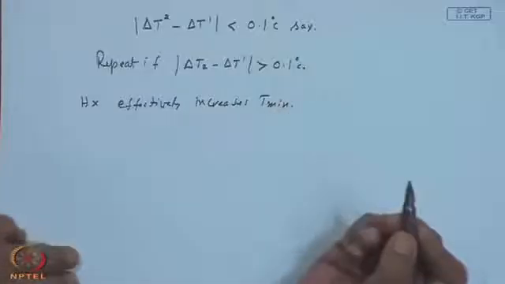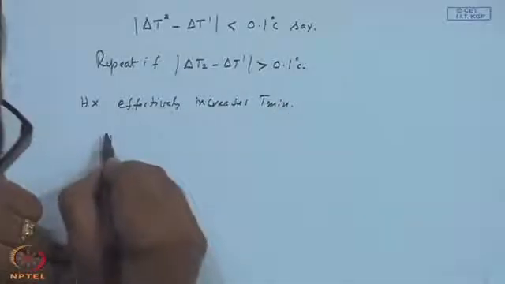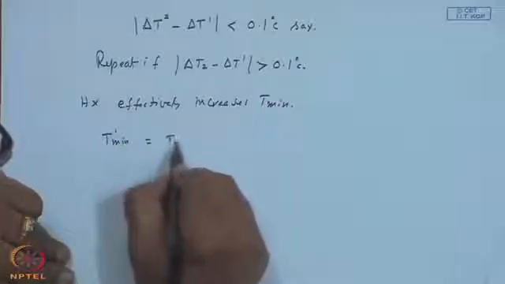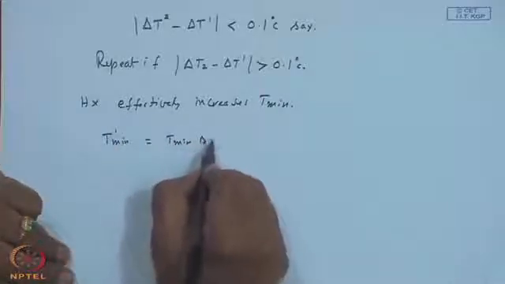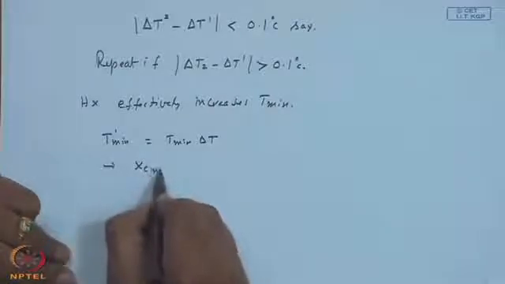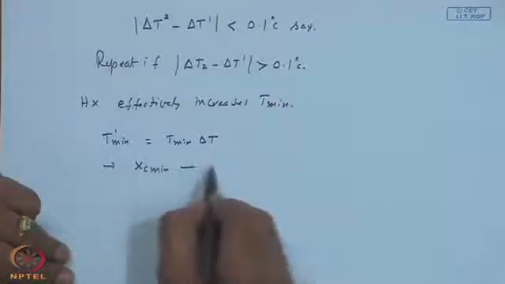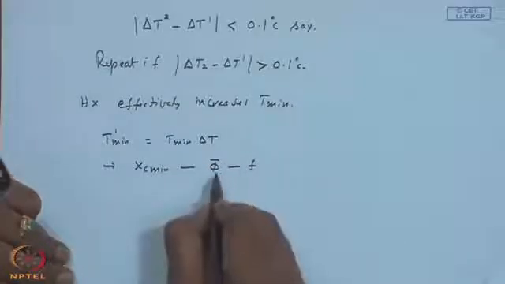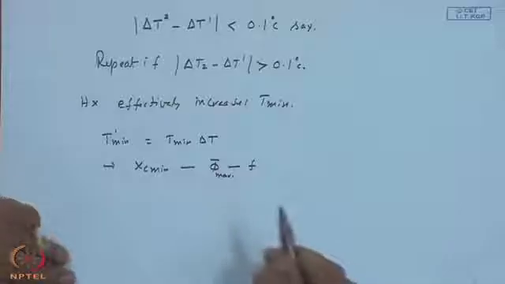So, the procedure is T min equal to T min plus delta T, which may change it to x_c minimum, from where you calculate phi bar, from where you get f.